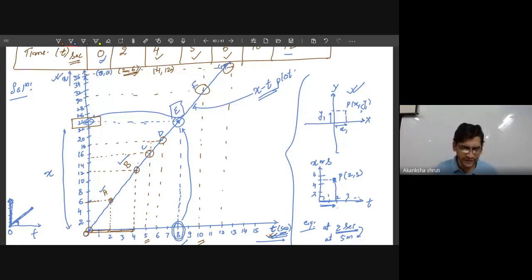You cannot be at both places at the same time. So if the points are on the vertical axis, then at t equals 0, the body has different positions, which is not practically possible for matter. It could be only God. Okay, so that's why this cannot be vertical. It must be inclined at a certain angle.